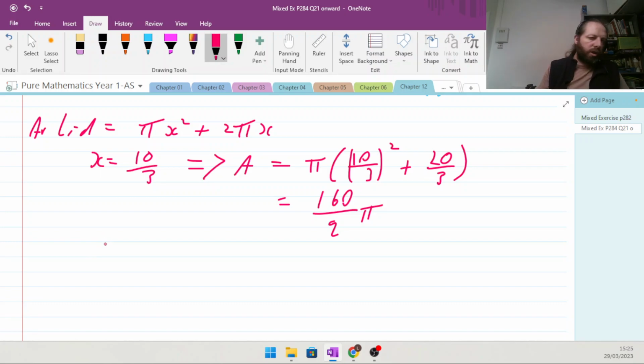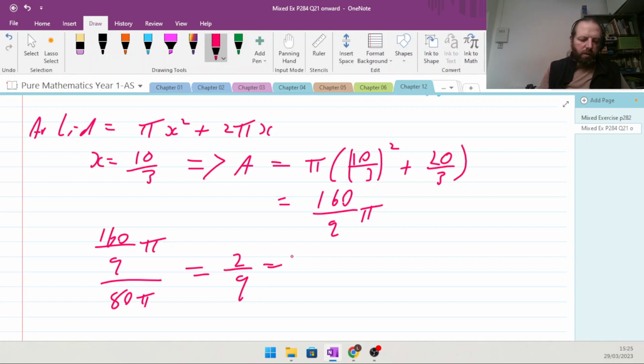So if we do 160 over 9 pi divided by 80 pi, divided by 80, we get 2/9, which is 22.2 recurring percent.